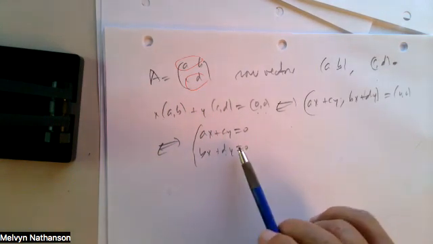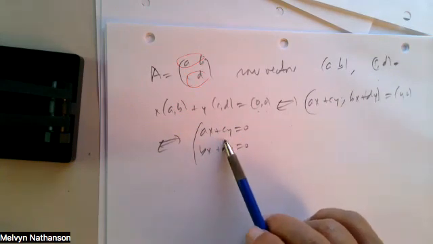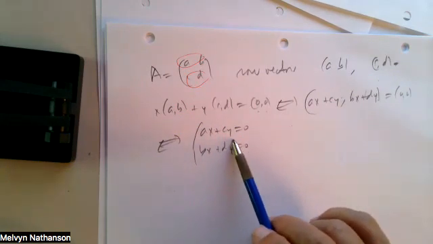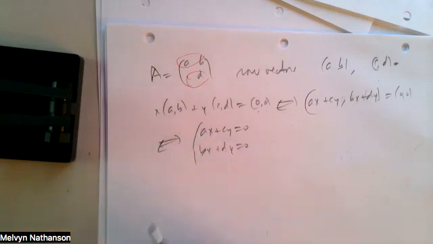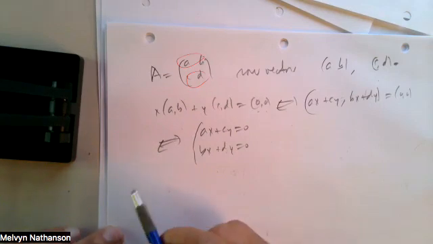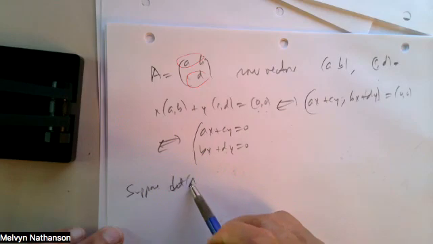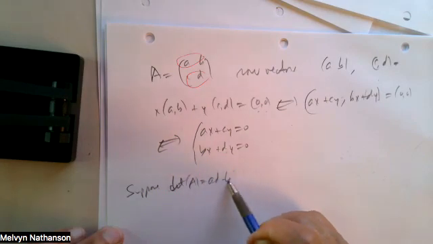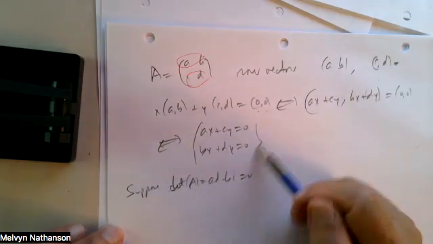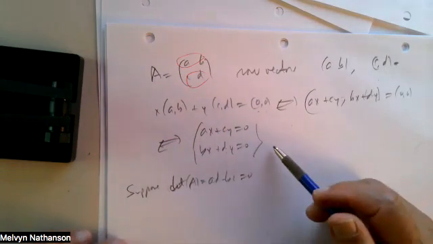And again, we have to show that if the determinant is non-zero, this has only the trivial solution, x equals y equals 0. And if the determinant is 0, then there's a non-trivial solution. So suppose the determinant of A, which is AD minus BC, is not 0. We want to solve these equations.